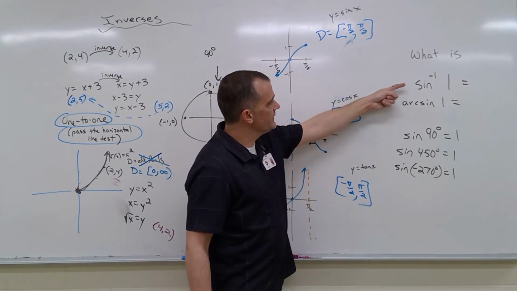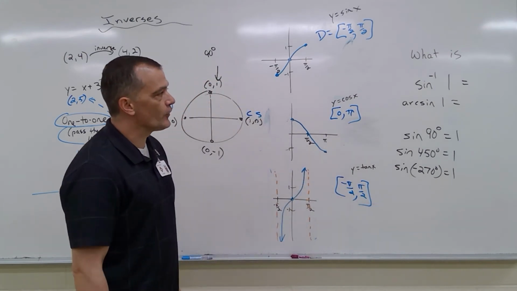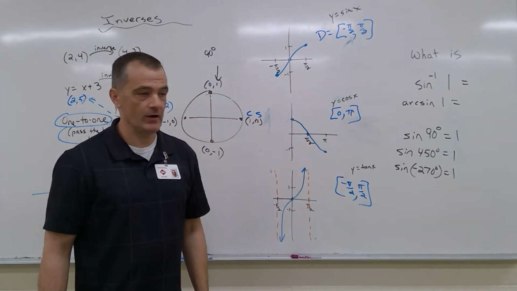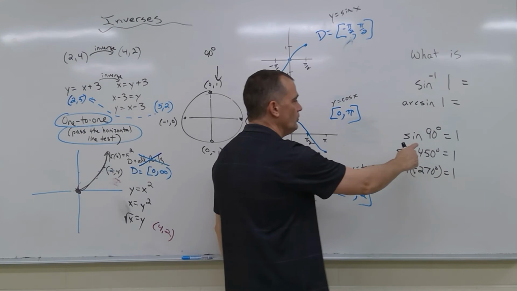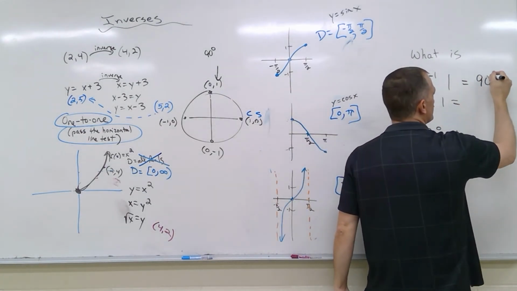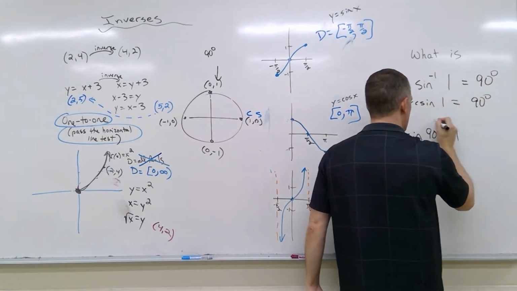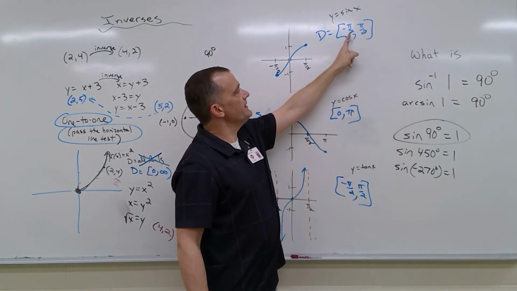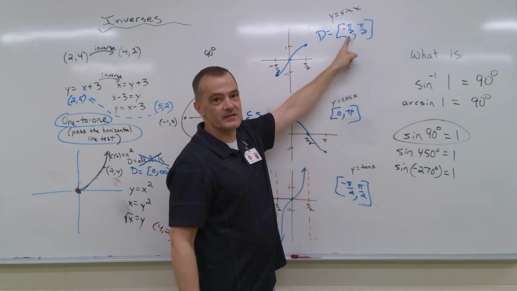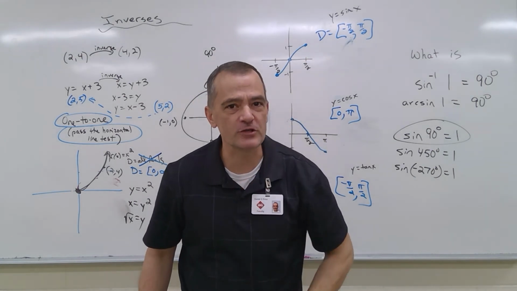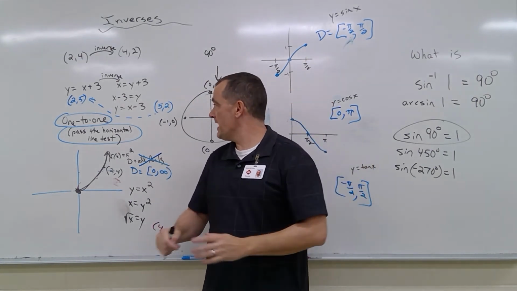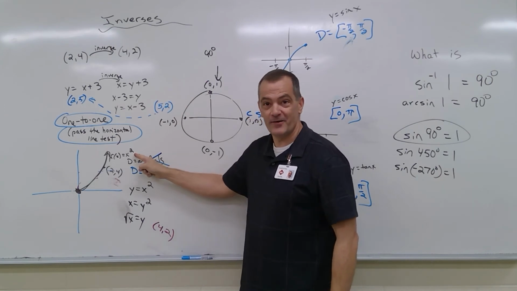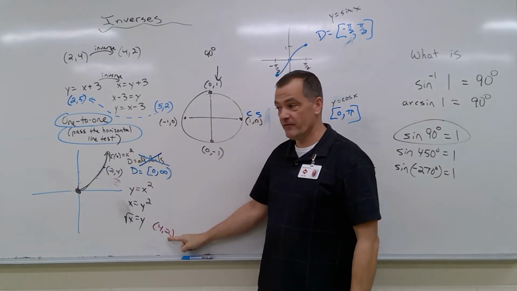Our answer for this, inverse sine of 1, the arc sine of 1, is only 90 degrees. It must be this one, because 90 degrees is right here. In other words, remembering about inverse functions, the domain of x squared is now the range of this.